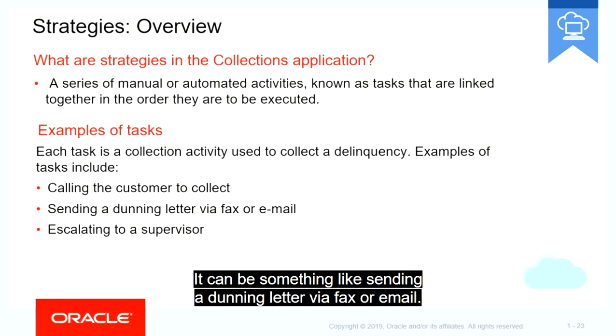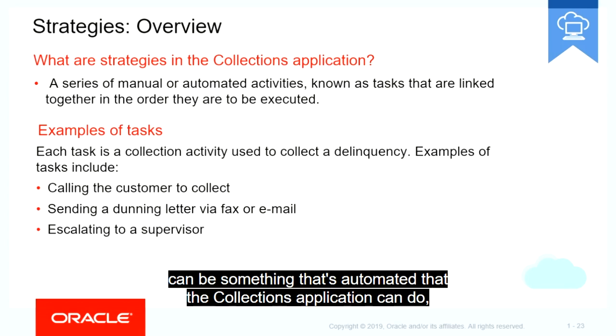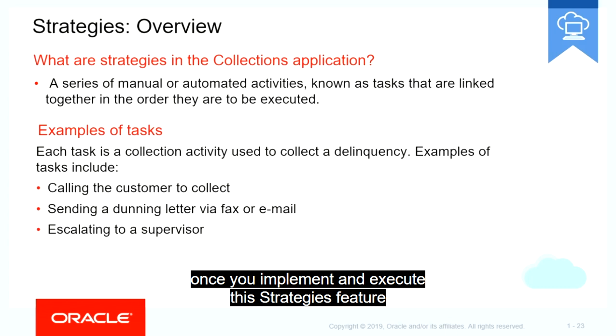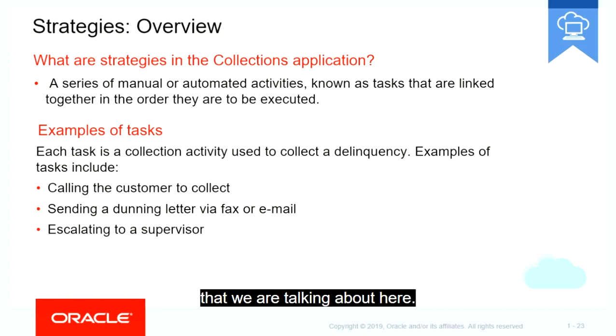It can be something like sending a dunning letter via fax or email. Now that particular example of a task can be something that's automated that the collections application can do once you implement and execute this strategies feature that we are talking about here.